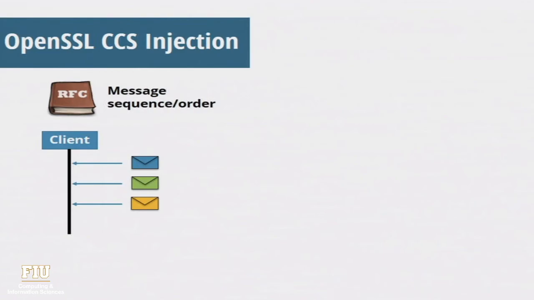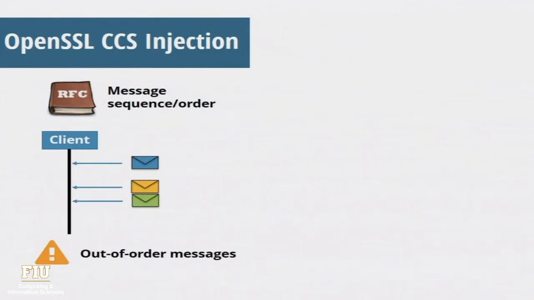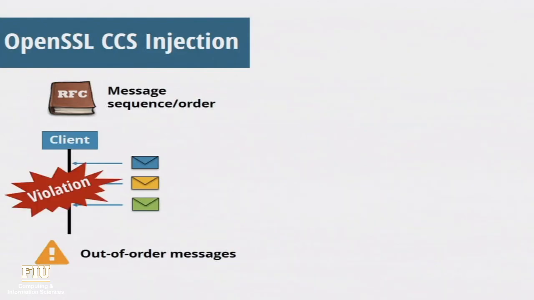So if these messages are received out of order, the client should not accept them. But in this implementation, even if they are received out of order, the client accepts the messages, which is obviously a violation of the specification, but it turns out that it can be deadly. An attacker can exploit this vulnerability to break the confidentiality.